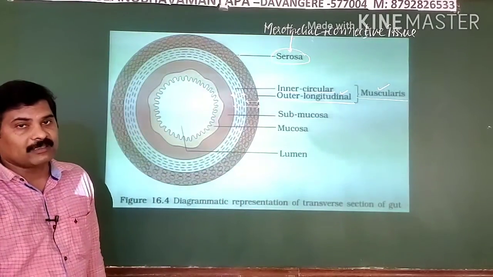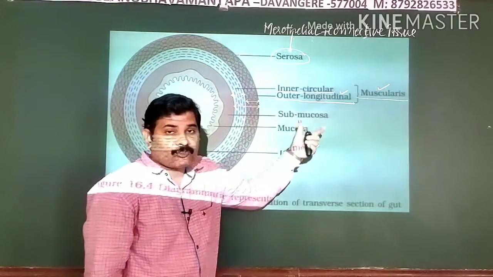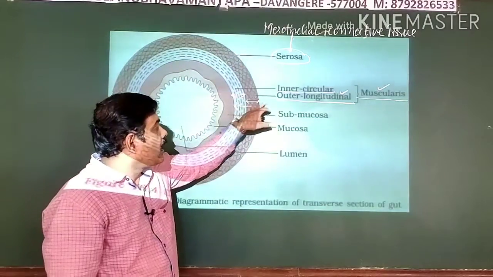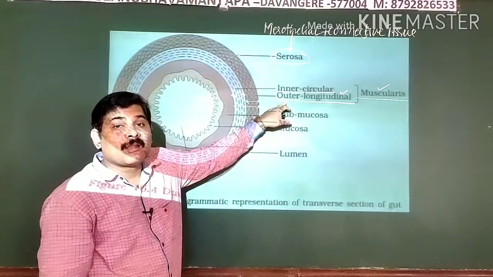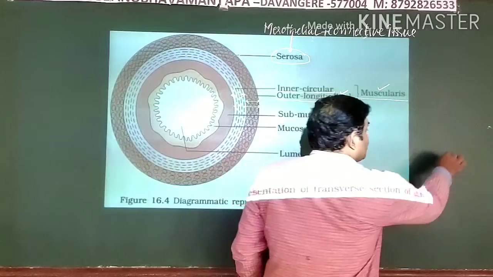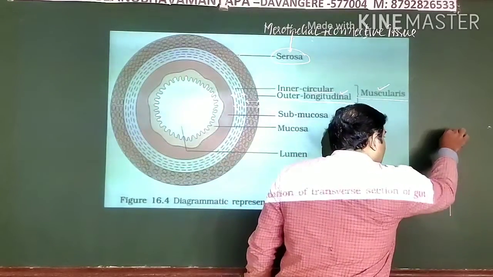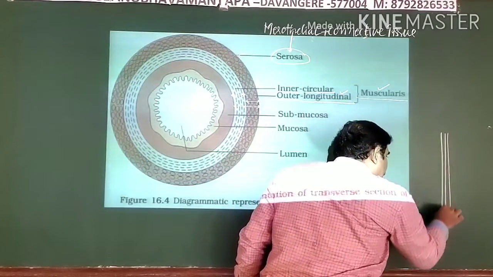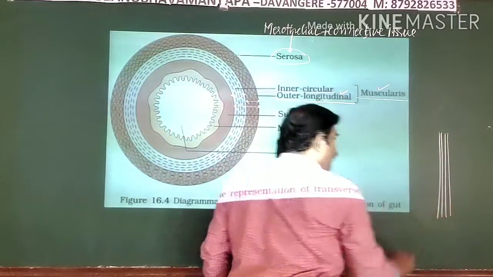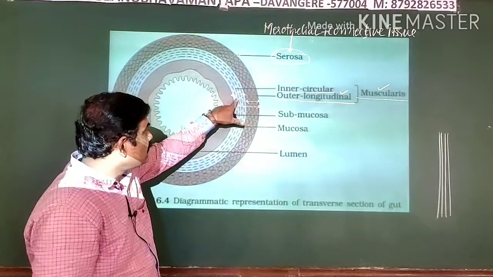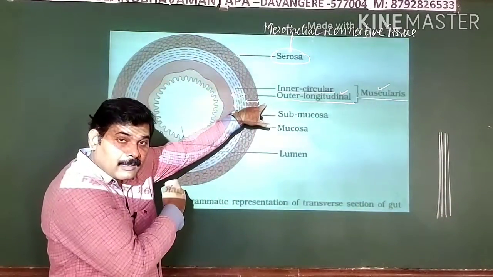So the muscularis has these two layers. One is outer longitudinal muscles, which means these muscles are present all along the length of the alimentary canal. But the second type of muscles, as I said, are present internally.